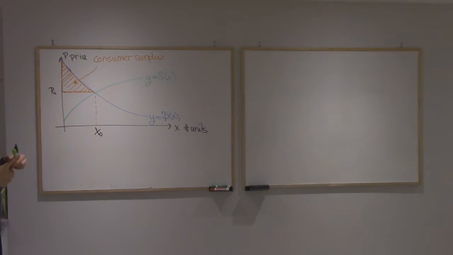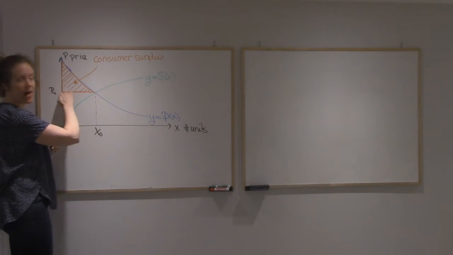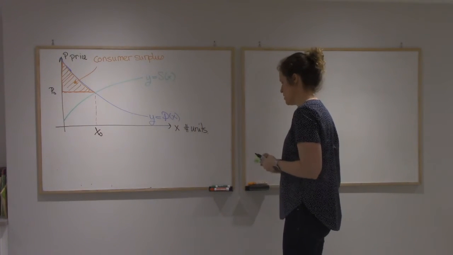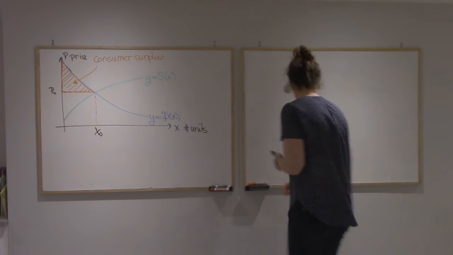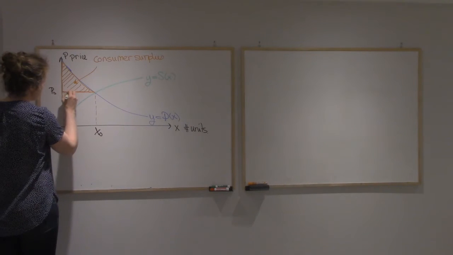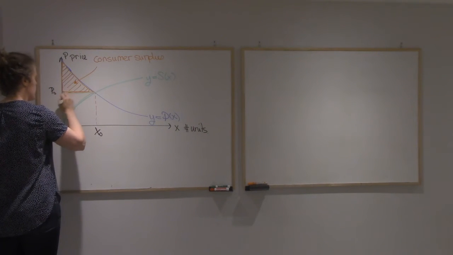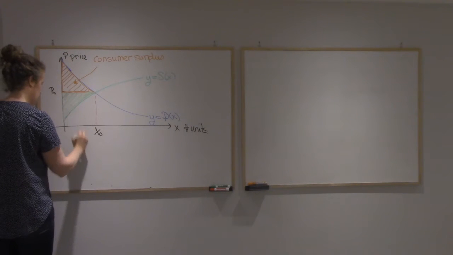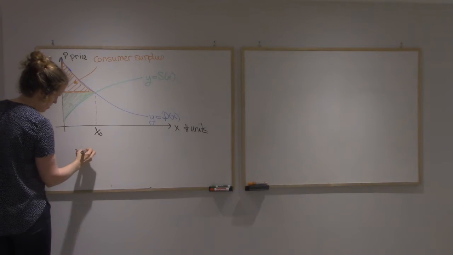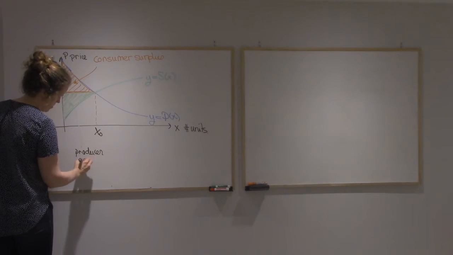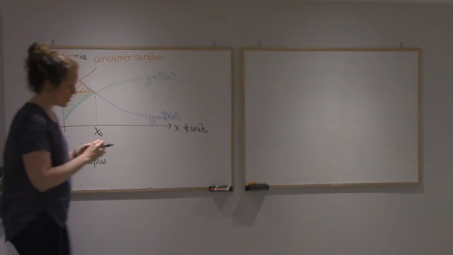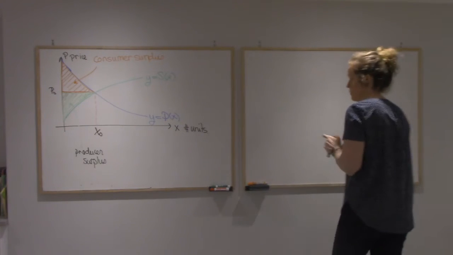would be the area of this region between the demand curve and the fixed price. The producer's surplus would be the area of this region right here between the fixed price and the green curve, the supply function.